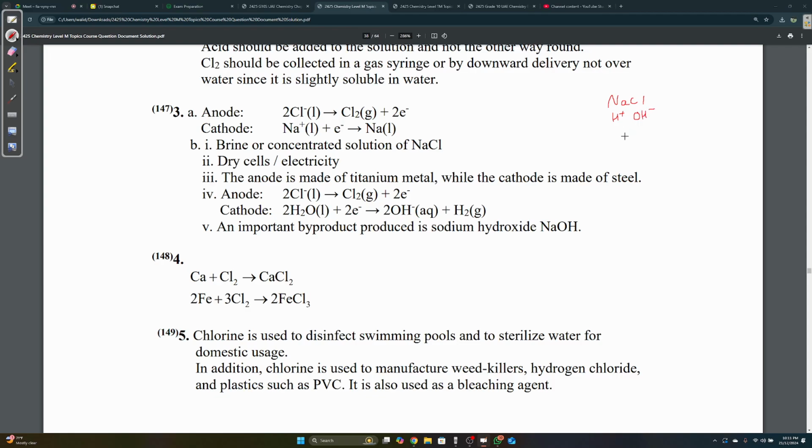When you did electrolysis, you ended up getting chlorine gas, so we finished from this. And you ended up getting hydrogen gas, so we finished from this. So what is the byproduct left over? NaOH. Always. You look at what wasn't produced in the electrolysis. Very easy.